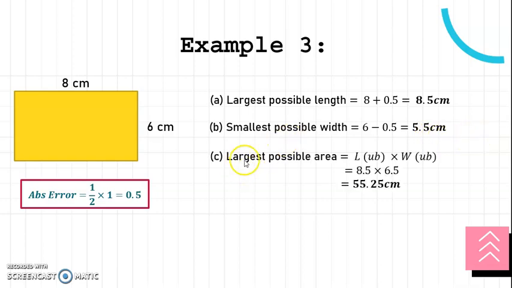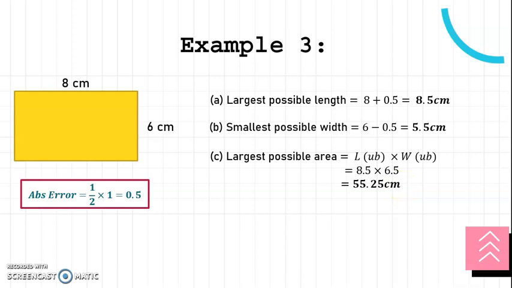Next, largest possible area. If it's area, you have to multiply both numbers, so the upper bound of the length multiplied with the upper bound of the width. The upper bound will be 8.5 multiplied with the upper bound of the width, 6.5.